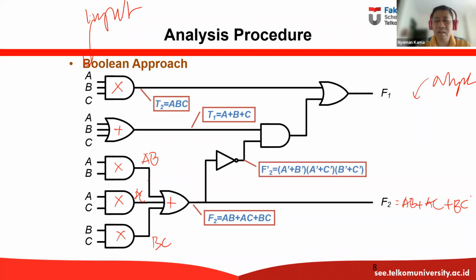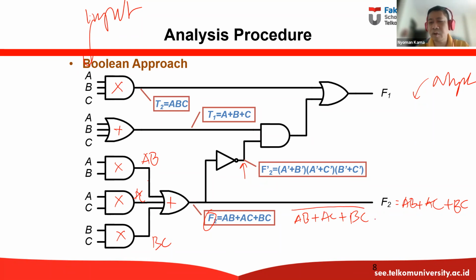We start by finding out what is the function on this node. It is the inversion of F2. So it will be AB plus AC plus BC, which is inverted.